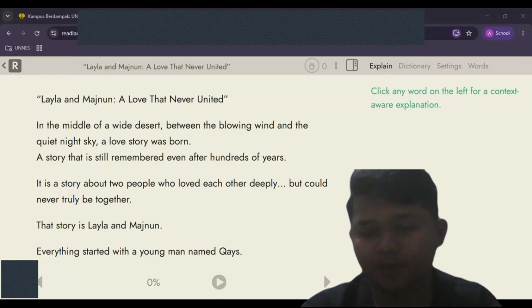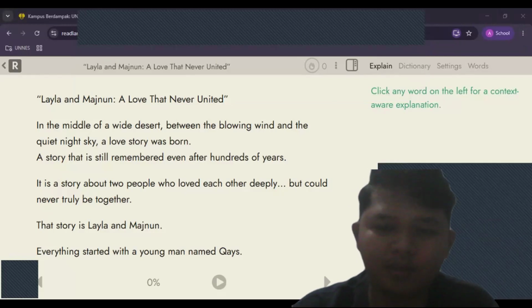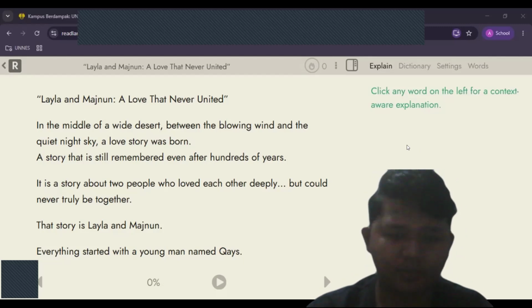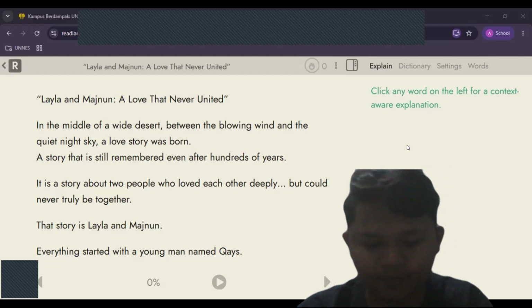You guys have to listen carefully. And if you find some unfamiliar words, you can ask me, and then I will explain using the Readlang site about the meaning of the words and the translation in Indonesian.